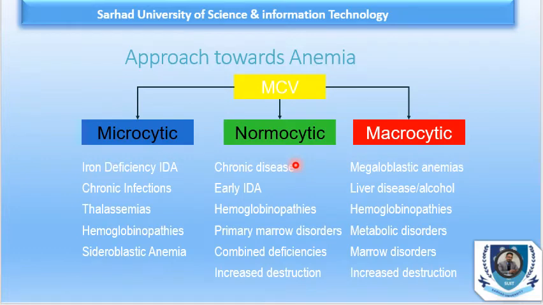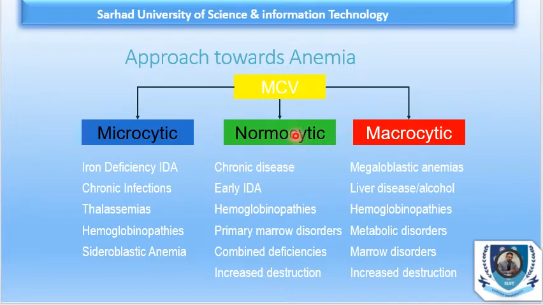Now, how do we approach anemia? First, you will look at the hemoglobin, and if hemoglobin is lower than its normal limit, then you will check MCV. MCV is the most important index, or most important parameter, of a CBC report, by which we can diagnose whether the cell is normal or abnormal.